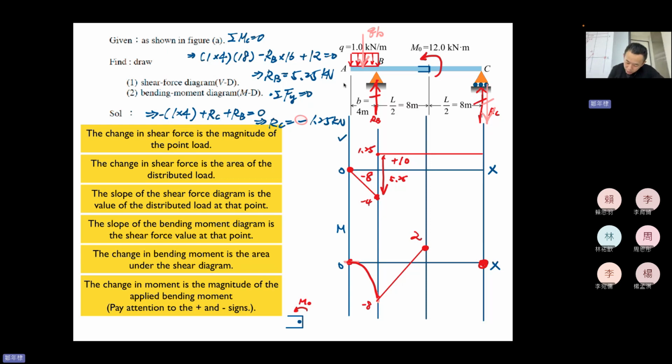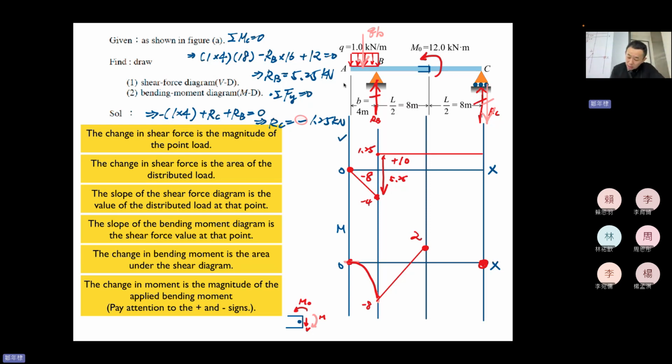So what will it be for this one and this one? Because the applied moment is counterclockwise, we need to balance it. So we need to have a clockwise moment to balance that, which is 12. We need to balance that.